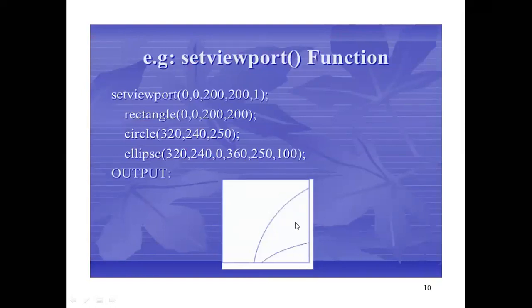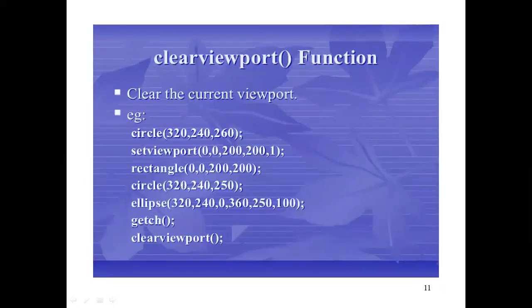You can check the inbuilt functions, and you will get this blank. No curves will come in the output. So we can use clearviewport, and then we will not get the display in a particular viewport, or it will clear the last, preceding image.